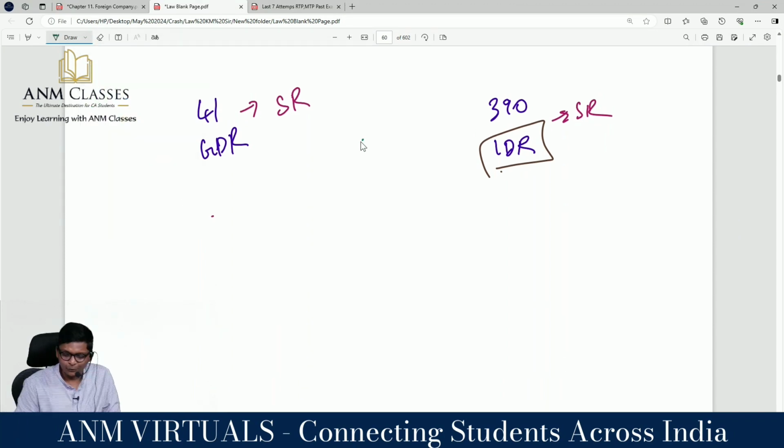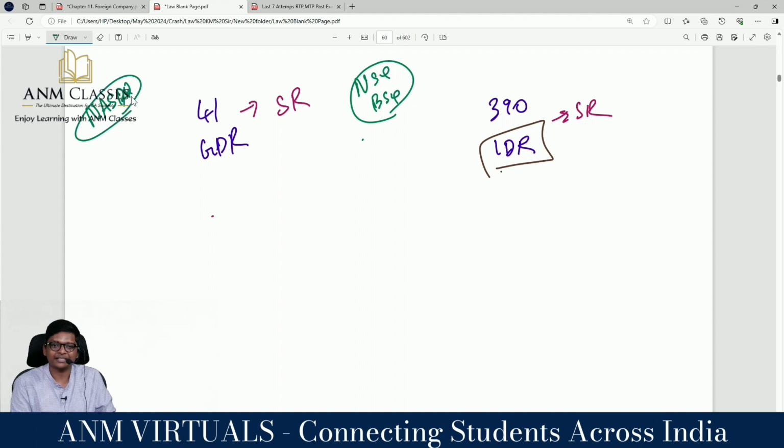Now, follow. What is IDR? Today, if you want to buy shares in some other country, how will you buy? If you want to buy Elon Musk's Tesla shares, how will you buy, guys? See, for Indian shares you have to go to NSE or BSE and buy. Tesla is listed on Nasdaq, which is nothing but the US stock exchange.